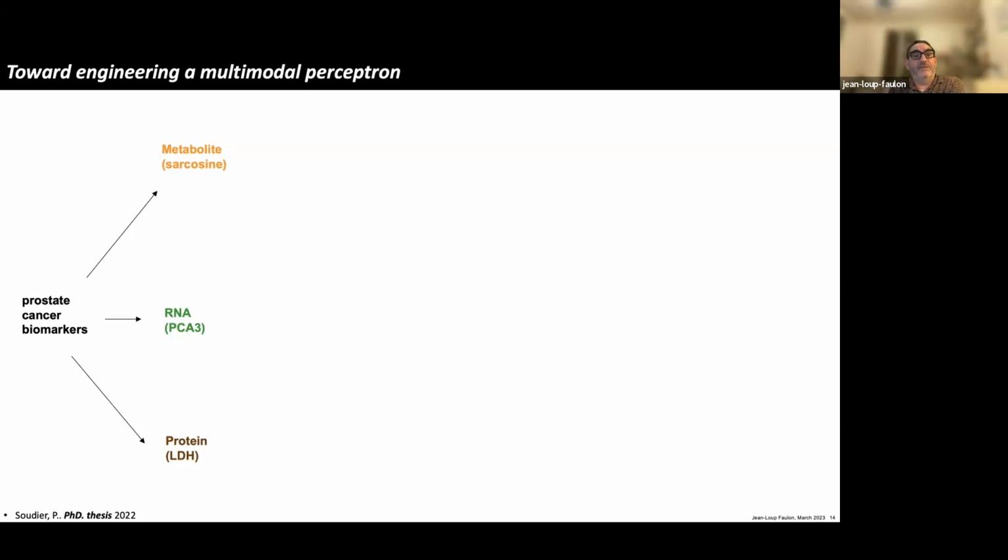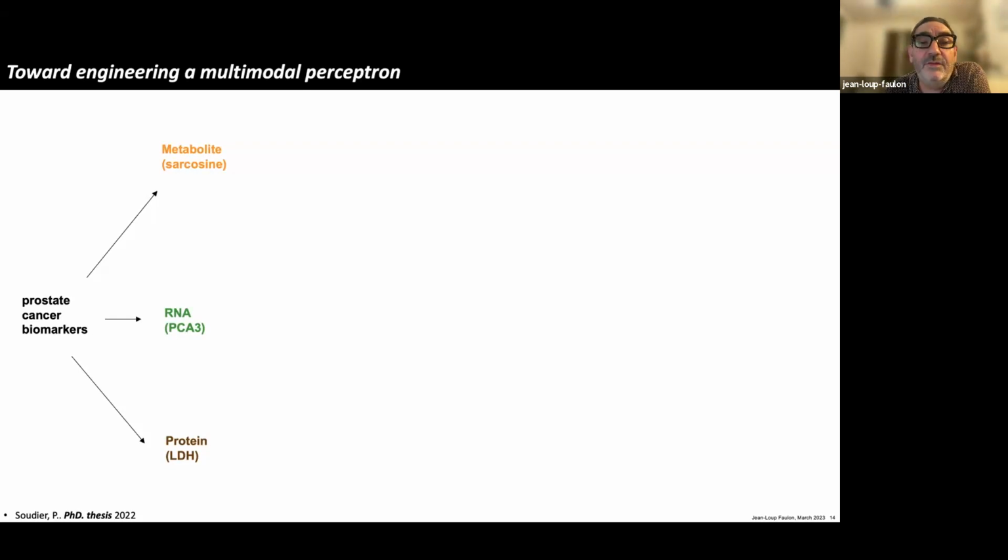In the case of prostate cancer, I already mentioned sarcosine, but PCA3 is also a non-coding RNA that is quite a good biomarker of prostate cancer. There's even a commercial kit just for PCA3. And LDH, lactate dehydrogenase, is also non-specific, but still a biomarker for prostate cancer. So the idea is, of course, that by mixing the three together, you will increase the accuracy of your diagnostic.